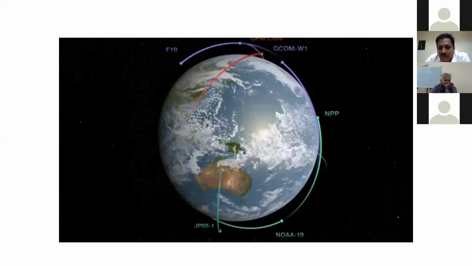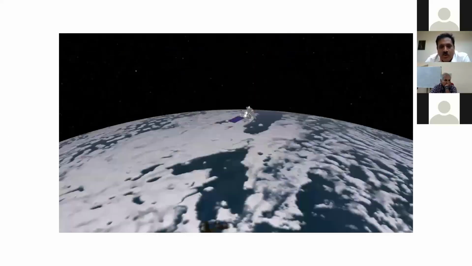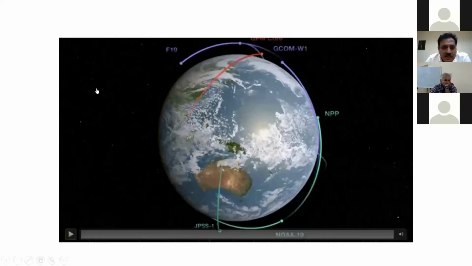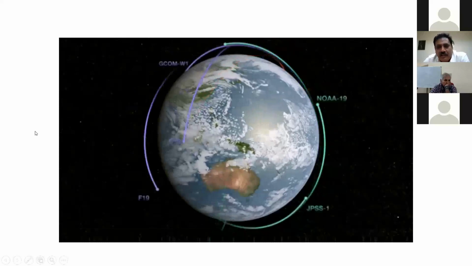Another concept of GPM is that they have one core satellite like this with Ku, Ka band radars and GMI, and also several microwave imagers. They combine all this microwave information, and they want to get global maps of precipitation every 3 hours.